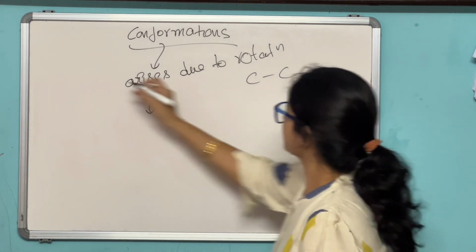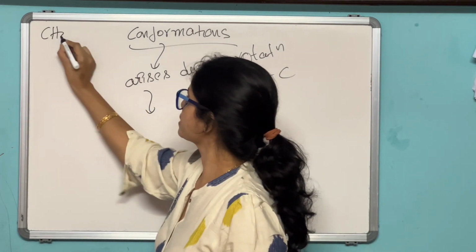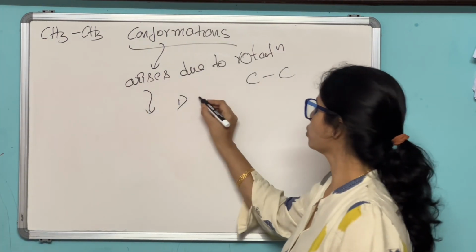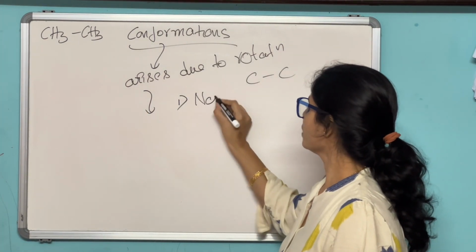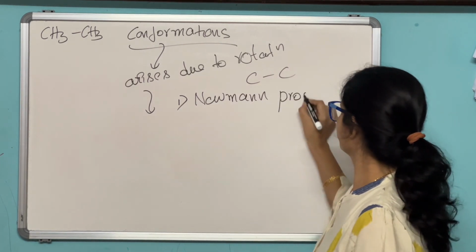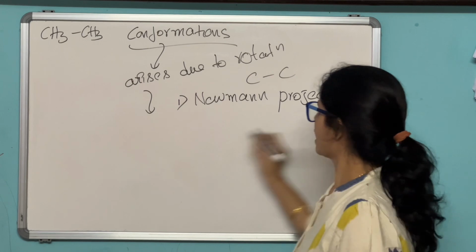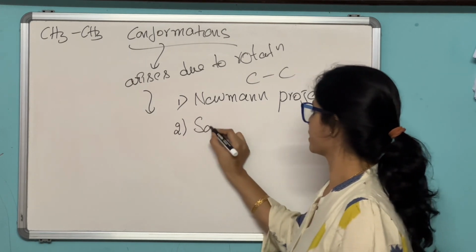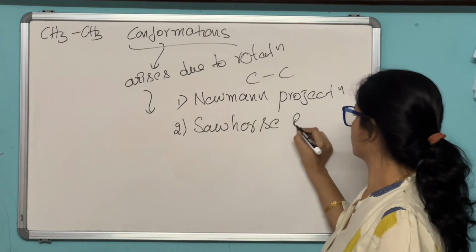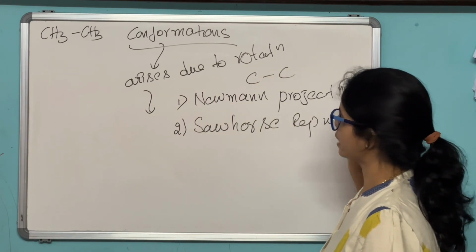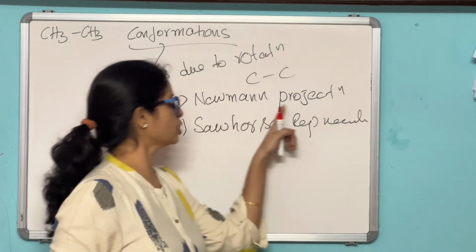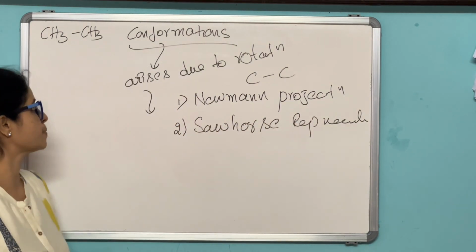We'll discuss the conformations of ethane, CH3CH3. The conformations are represented in two forms. First one is Newman projection, and the second one is Sawhorse representation.